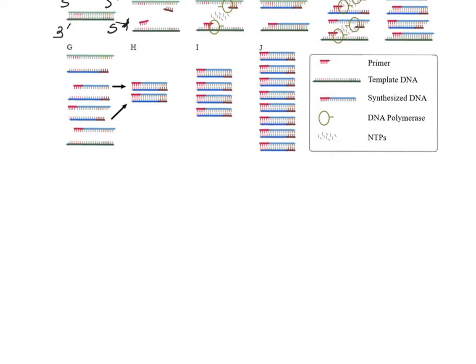And you have an excess of the various primers. You need a primer that can match up to the 3' to 5' strand, and you need a primer that can also grow from the other strand. So you have a 5' end and a 5' end here, and those base pair with the template strands.